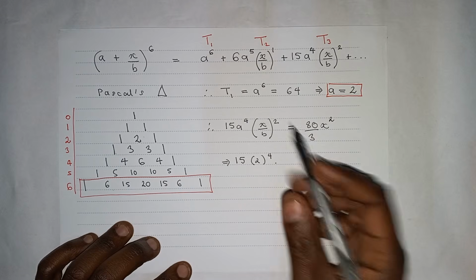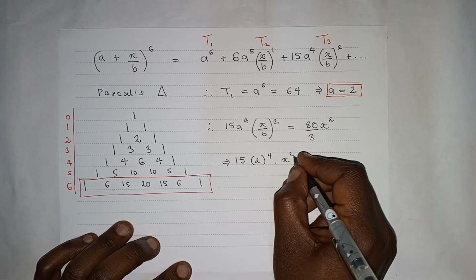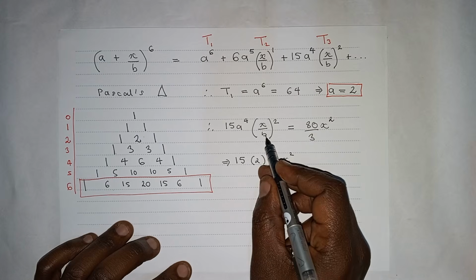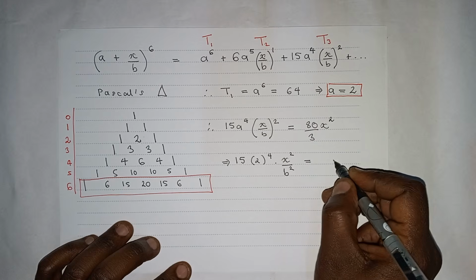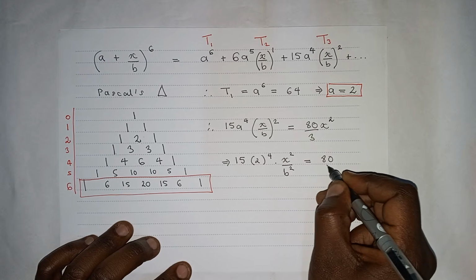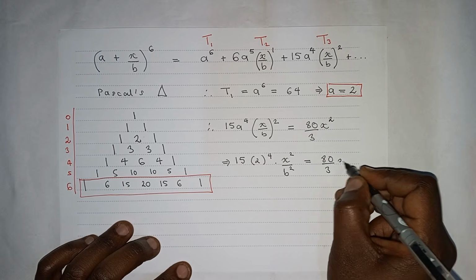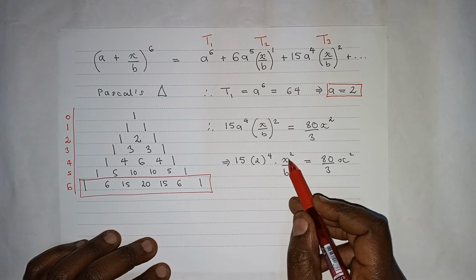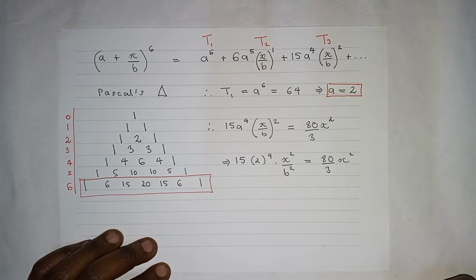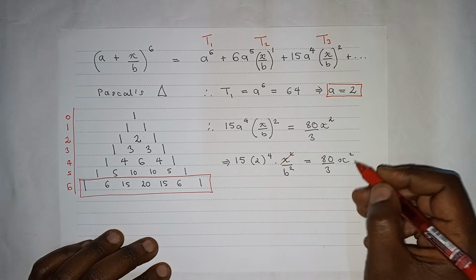So if I remove the brackets, the x there will be raised to the power 2, and the b also will be raised to the power 2. This is equivalent to 80 divided by 3 x squared. We've got x squared and x squared on both sides of the equation. We can cancel them out.